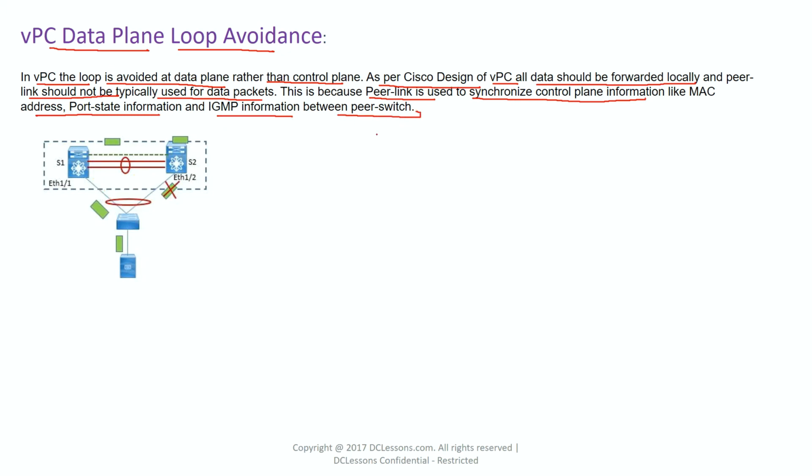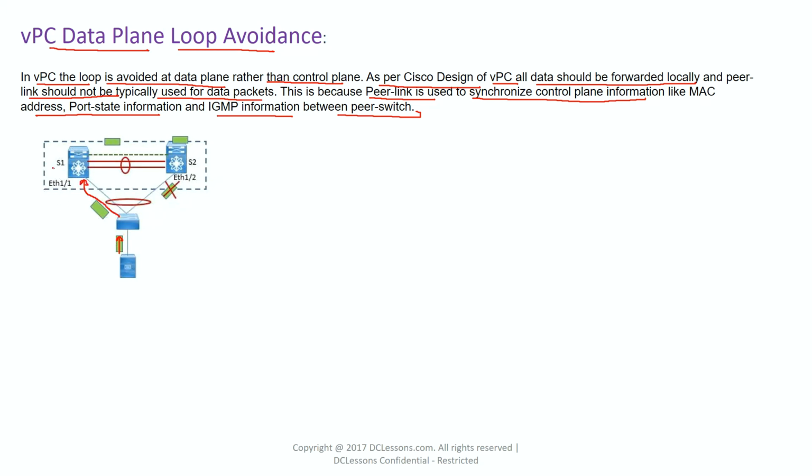Now let's see how the loop is avoided for data traffic. Let's suppose this server A is sending a broadcast packet or a known unicast packet. When it sends, let's suppose in a port channel it chooses this link and it goes here.